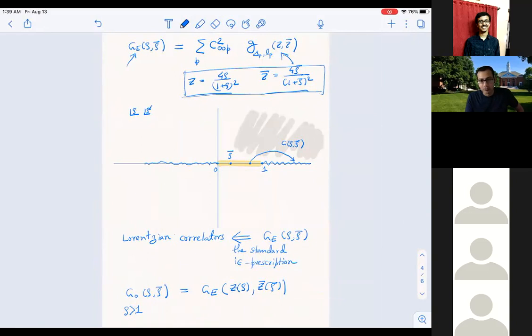In terms of Z and Z bar, if you convert everything in terms of rho and rho bar, then when you write down this conformal block expansion, you'll see that there is a branch cut, and then you have to go above the branch cut. And if you write everything in terms of Z and Z bar, for the Regge correlator you have to rotate Z around 1 and then come back below 1. Okay, thank you.